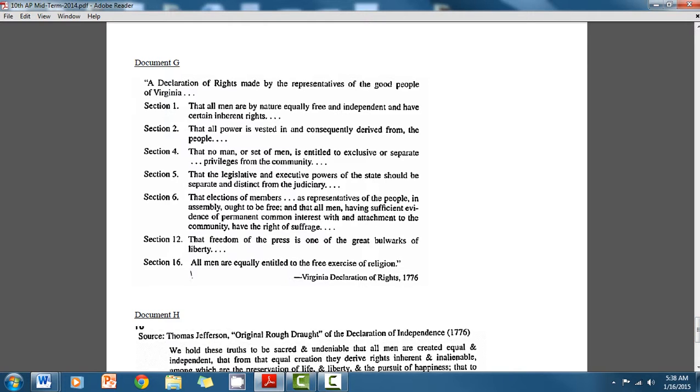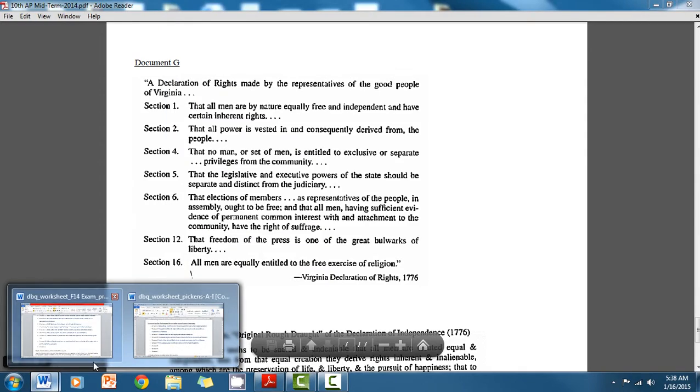Document G is a legislative document from the Virginia Declaration of Rights. This document applied only to Virginia, but it does give us some insight into the values, belief systems, and preferred structure of government of those who resided in that area.